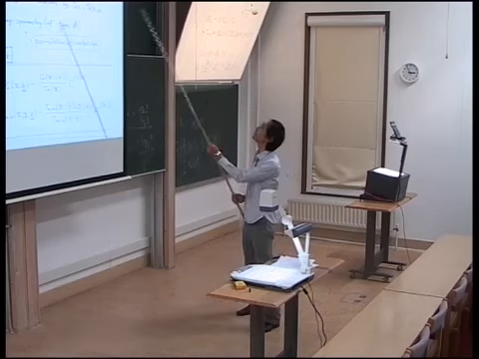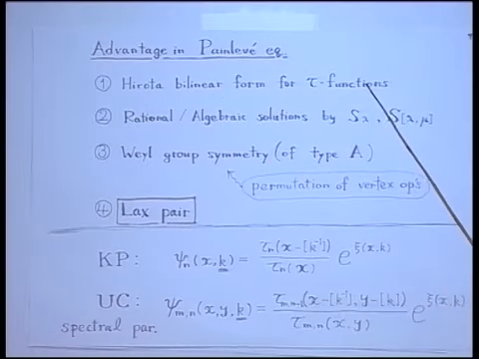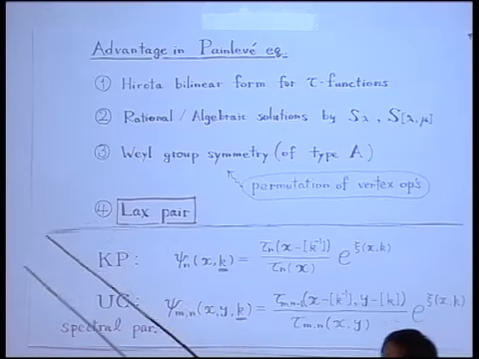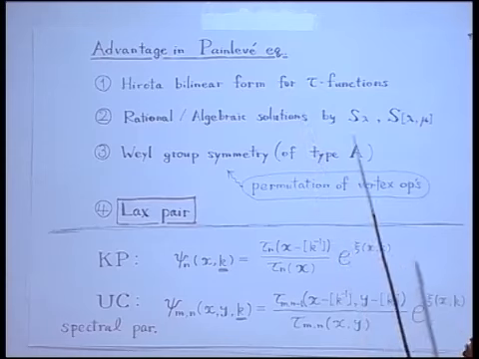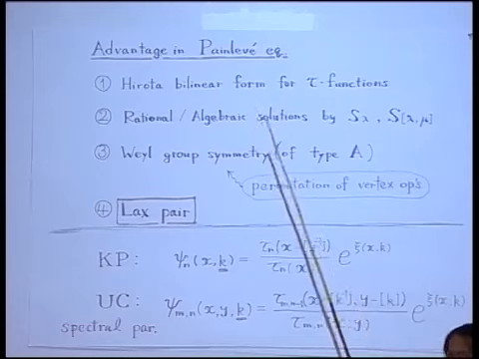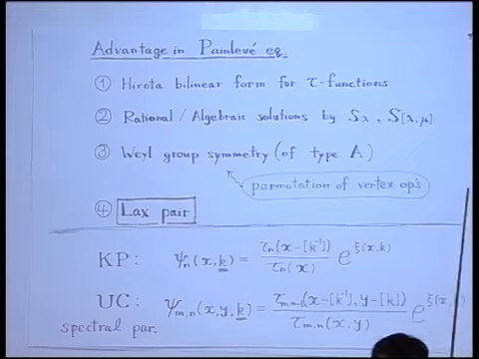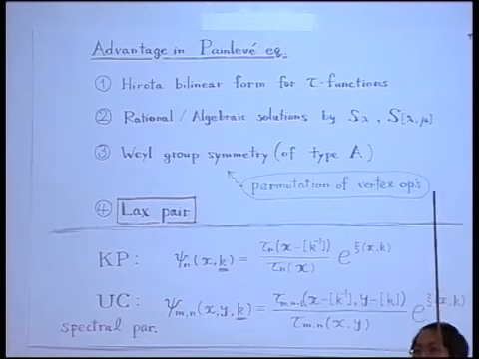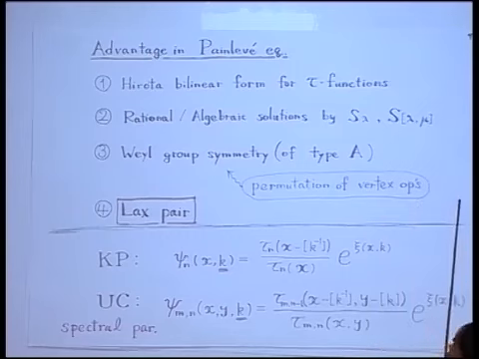So firstly, Hirota bilinear form for tau functions. The KP and UC hierarchy are defined by the bilinear identity, so it's a priori a bilinear form. This is obvious. And as you know, KP and UC hierarchy has a homogeneous polynomial solution written in terms of Schur function or universal character.